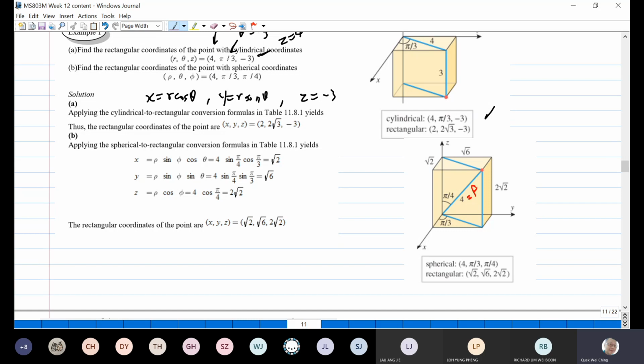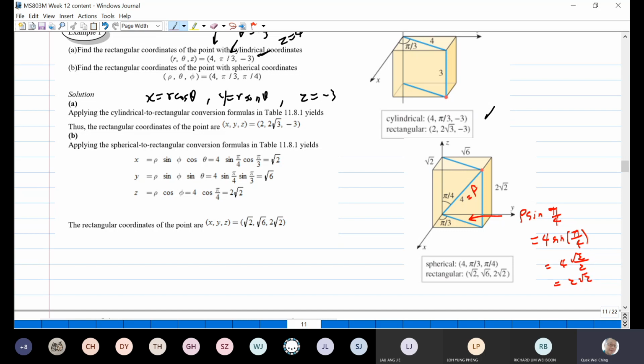So this length here is rho sine pi over 4, which is 4 sine pi over 4. So actually 4 times square root 2 over 2 is 2 square root 2.